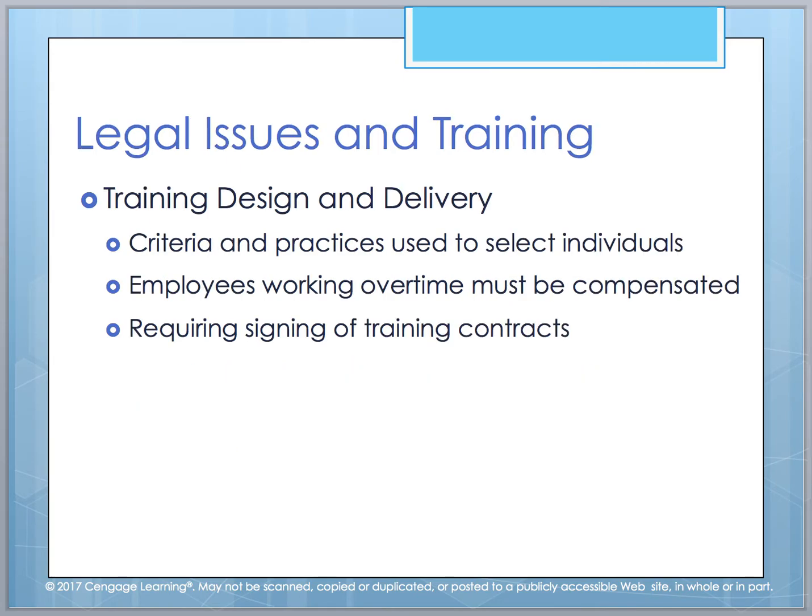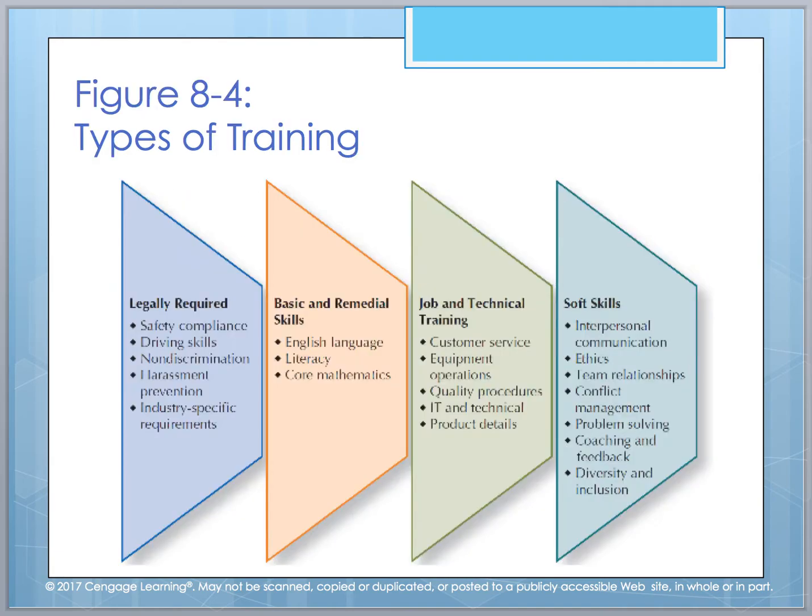There are criteria and practices that you use to select individuals, and making sure that when someone is working overtime that they're properly compensated, and that contracts are always signed for training.